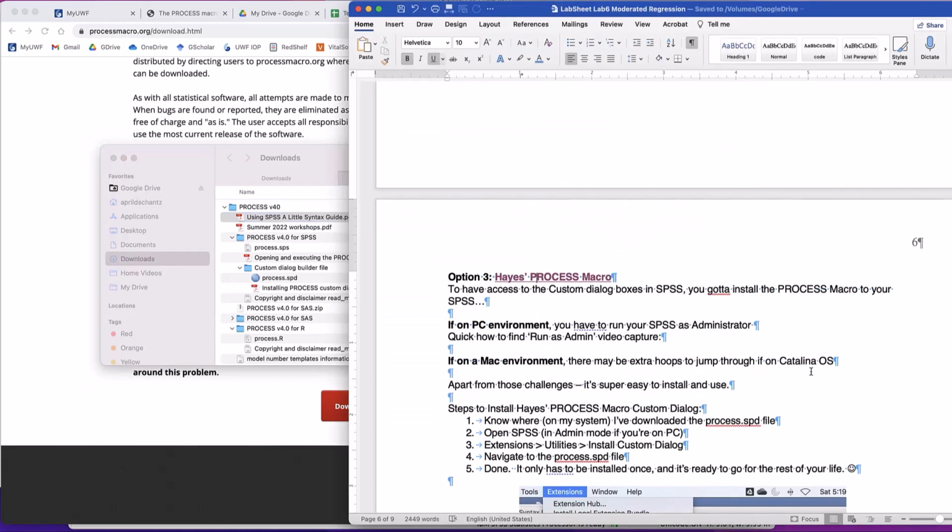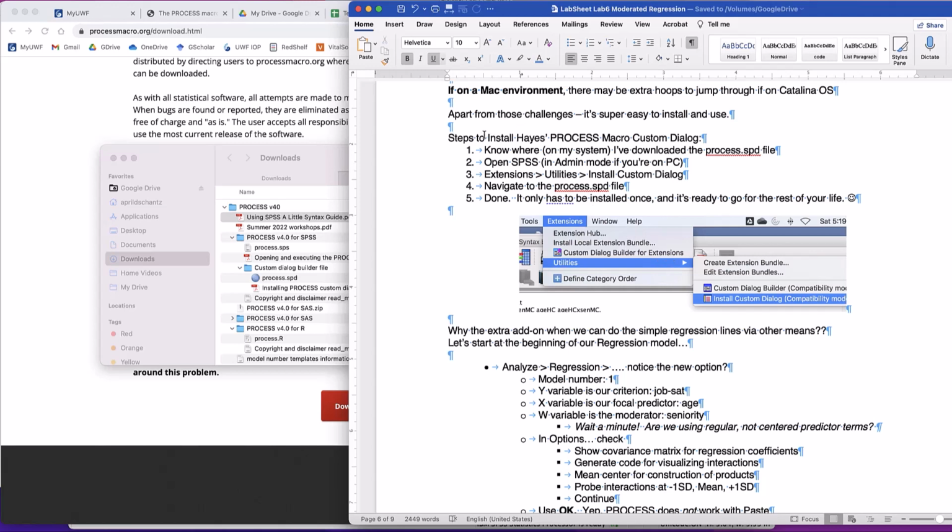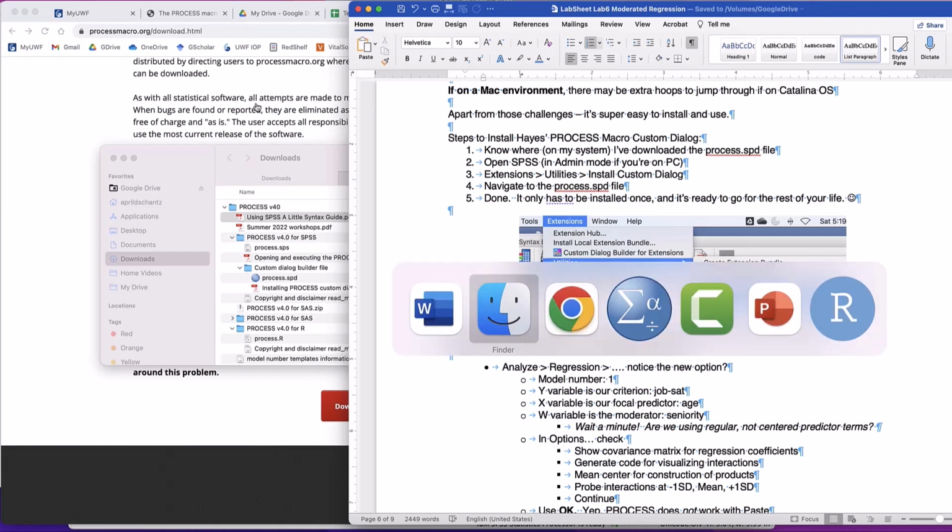So I'll go back over to directions here. I need to know where I've downloaded the SPD file. It's right there in my downloads. Open SPSS. You have to open in admin mode if you're on a PC. Then I'm going to extensions, utilities, install custom dialog.